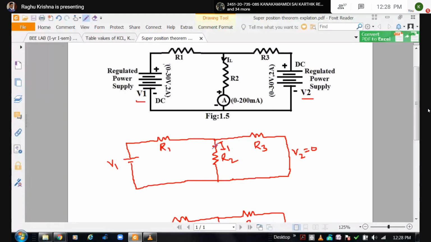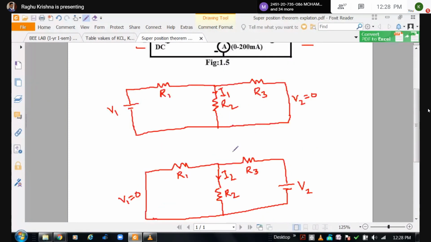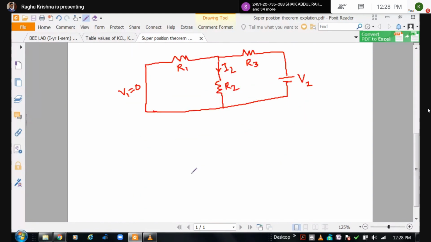Next, V2 is there and V1 is 0. The current flowing through the same branch will be I2. Now, superposition theorem states that whatever the IL is, this will be equal to I1 plus I2.